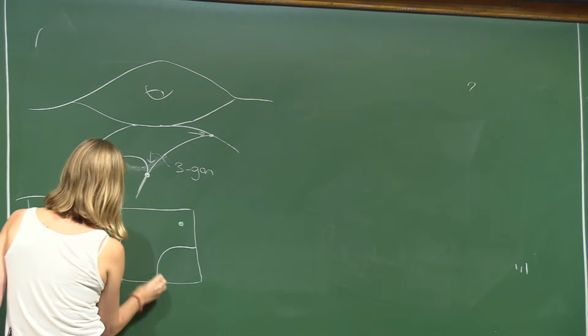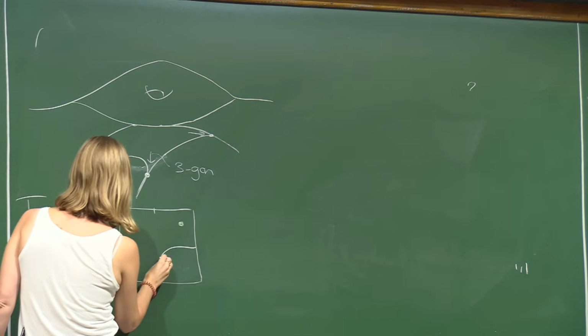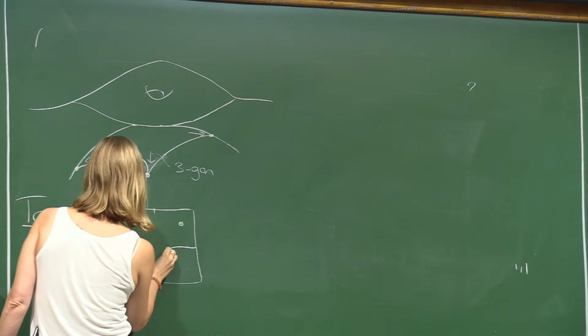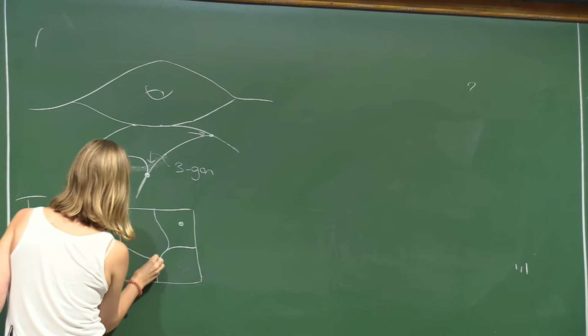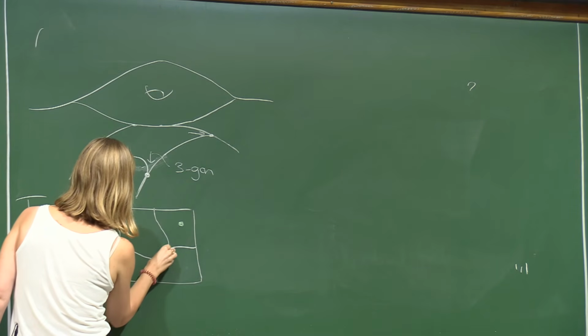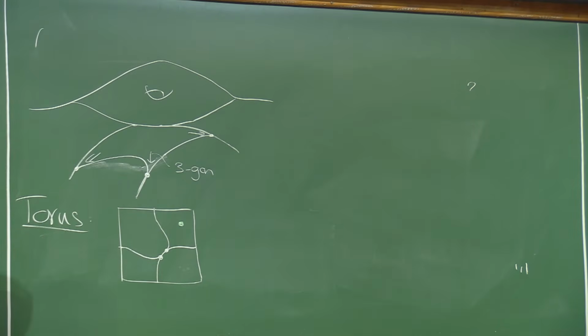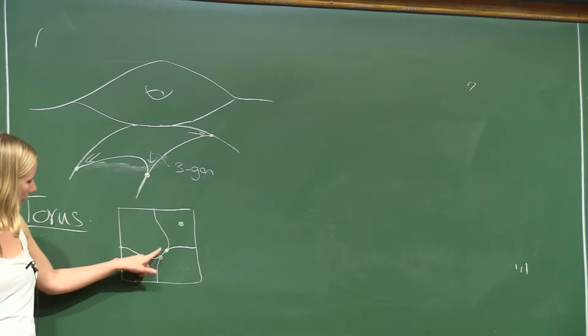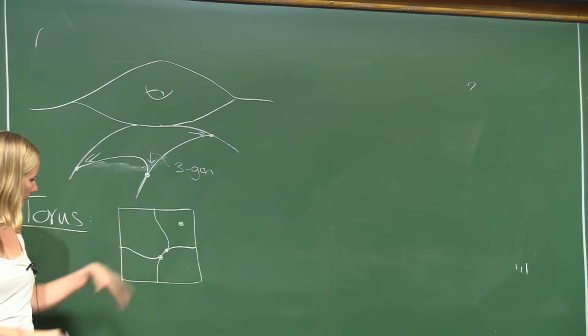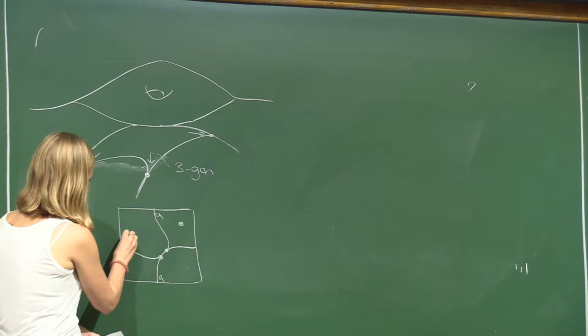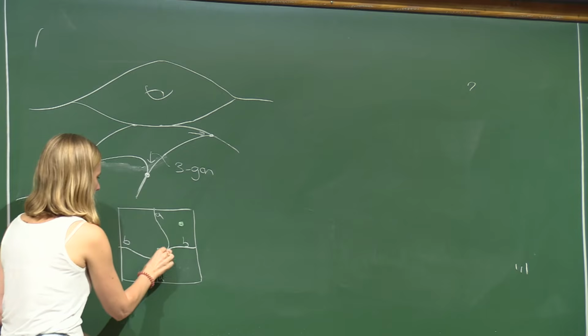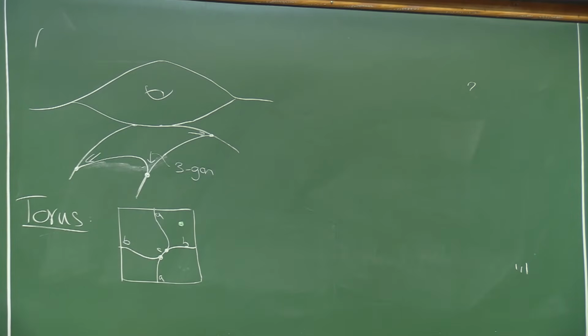And then I want to go something like this. So this is a train track with 2 vertices and 3 edges. This edge is the same. So maybe this is edge A, edge A, edge B, edge B, and here's an edge C in between those.